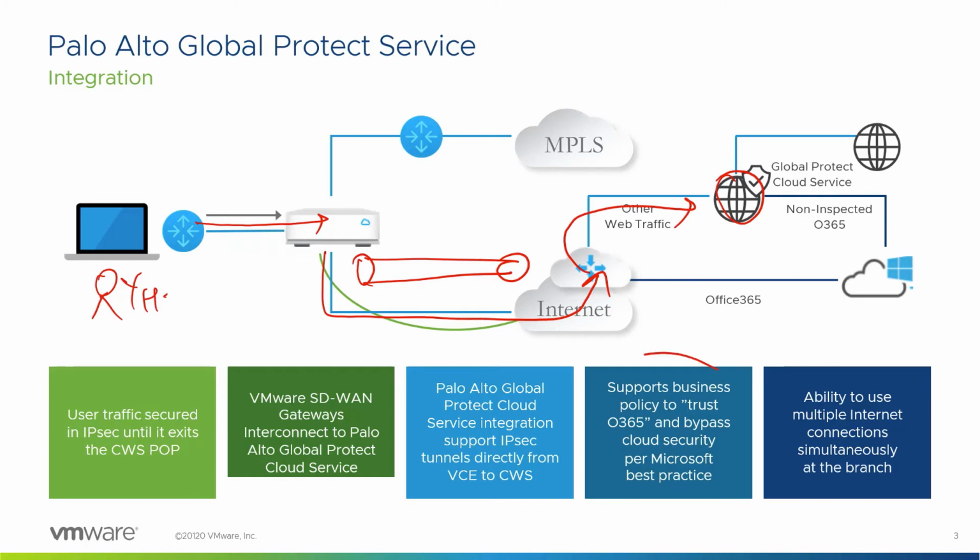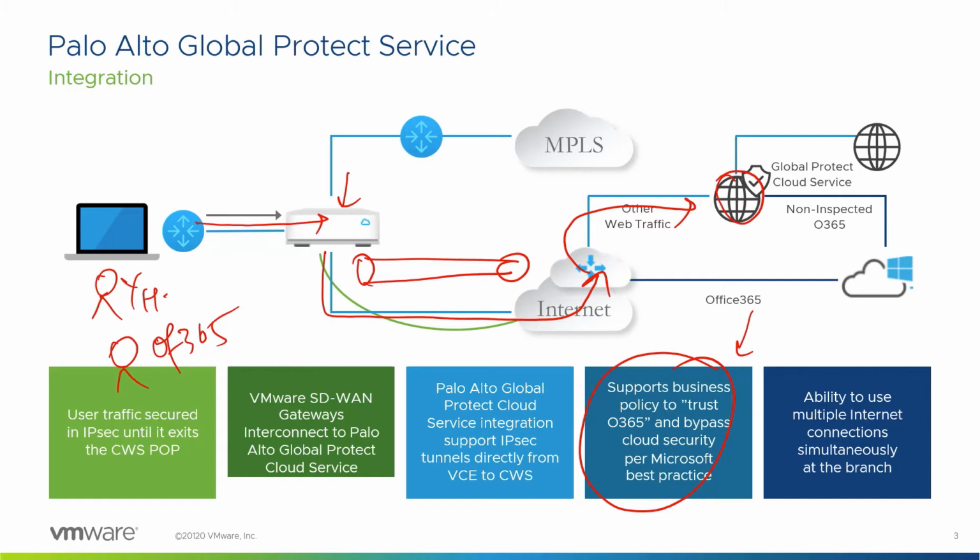A best use case here is Office 365, where Microsoft best practice recommends bypassing any kind of security cloud services. In that case, when a user from the branch site types in office365.com and the traffic hits the edge device, it gets recognized as Office 365 traffic and is redirected all the way to the gateway.